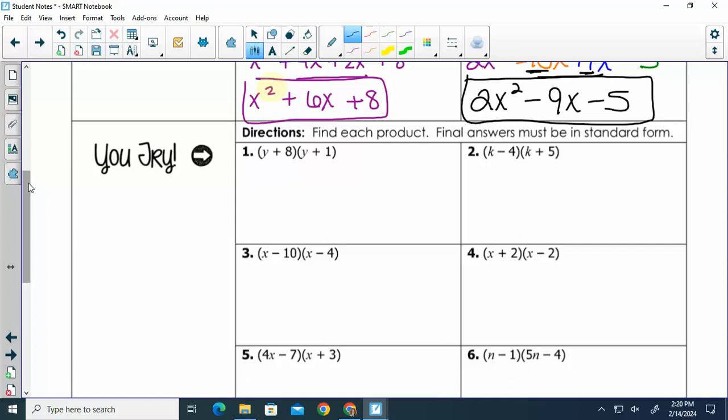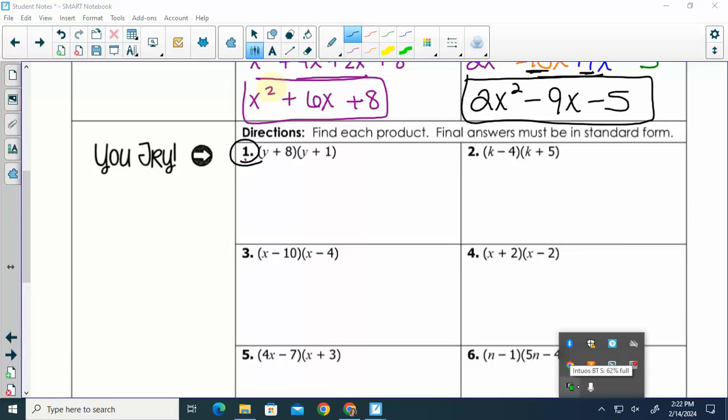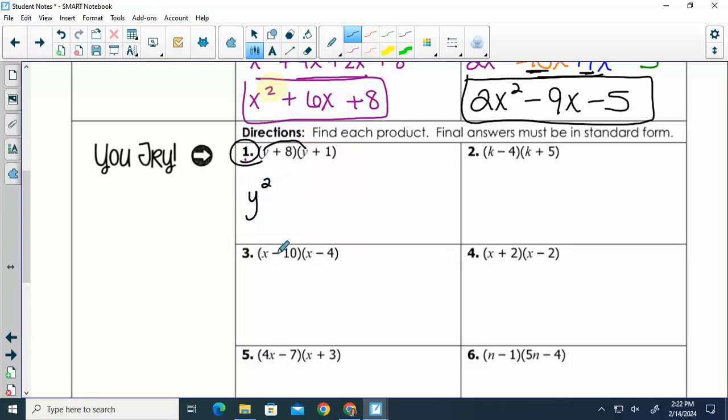Okay, I want you guys to try this first one. So problem number 1. One thing, I noticed this problem on the homework last night. When you take y times y, what is it? Y squared.